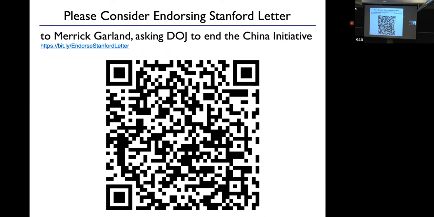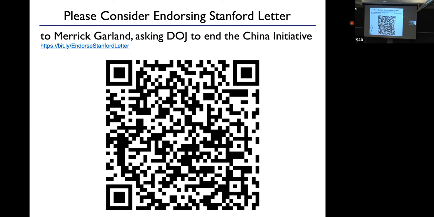I've been very concerned over investigations of Chinese scientists over research ties to China. The Justice Department under Trump started this China Initiative to investigate scientists at universities and in industry. And overwhelmingly, the ones who are investigated are Chinese. And the Justice Department hasn't stopped doing that under Biden.